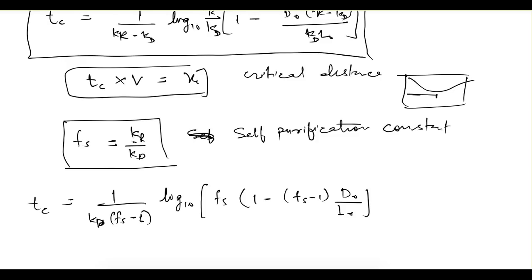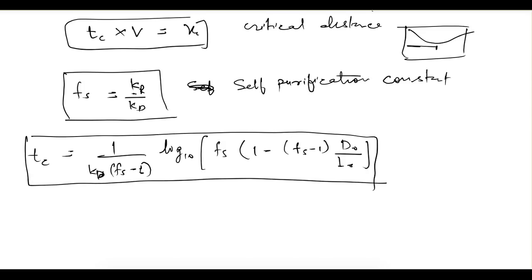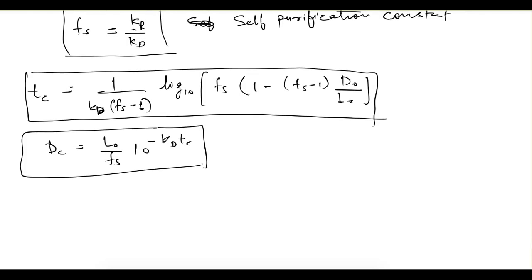This is the equation for tc. And similarly Dc is given as L naught upon fs into 10 to the power minus kd into tc. You can either write in base e or base 10 depending upon how it is asked in the question.